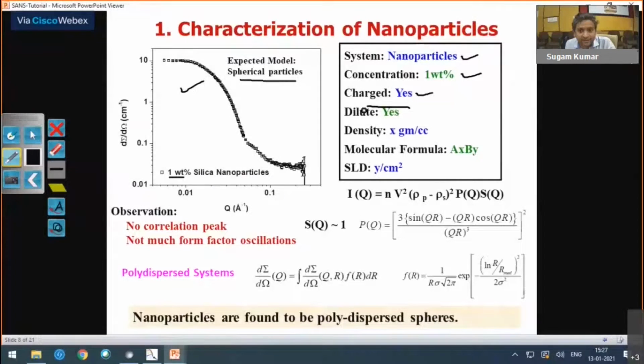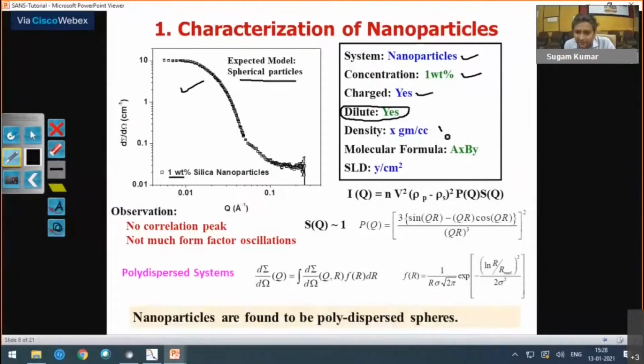This is another very important parameter. So just recall P(Q) and S(Q). P(Q) is the intraparticle structure factor and S(Q) is interparticle. In case of a dilute system, S(Q) is 1. So we know this system is dilute.